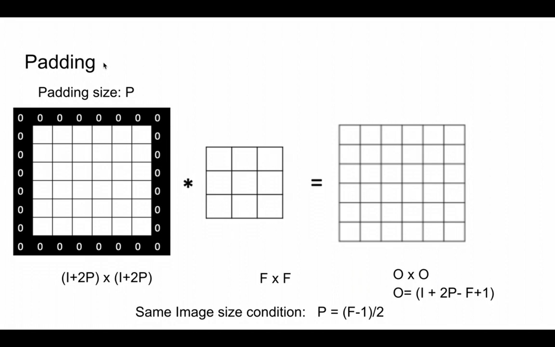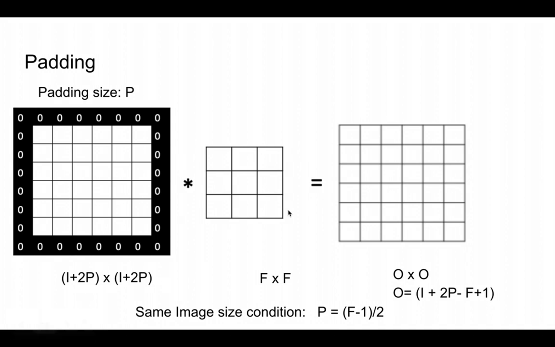The other parameter for the filter is called padding. You can expand the input image by adding 0s, and in this way, you can increase the output image size. When the padding size is p, that means you will grow additional length on both sides. Therefore, the input size of the image is increased to I plus 2p times I plus 2p.